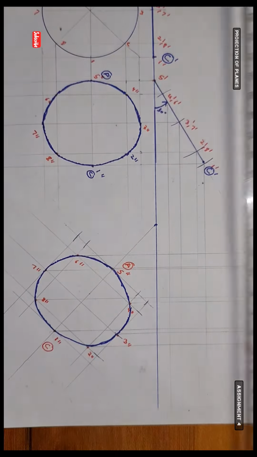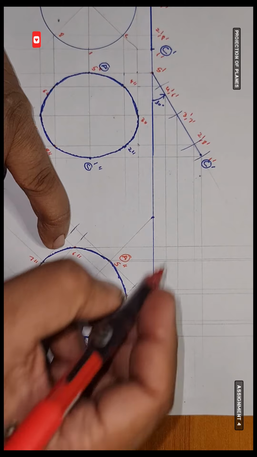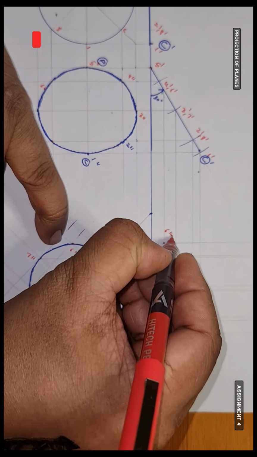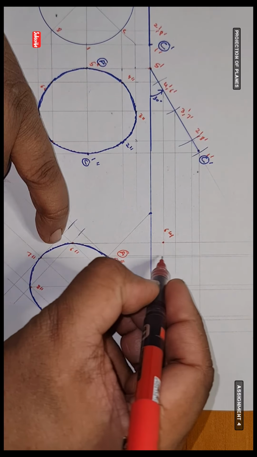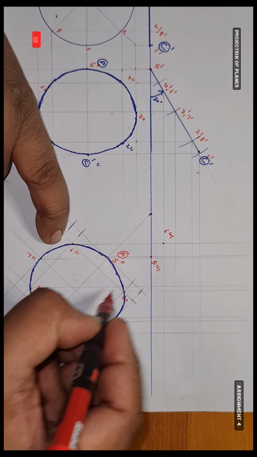Okay, all these points have been raised. Now this is 6, so take 6 over here, this is 6 triple dash. Now 5 goes the bottom, 5 triple dash.